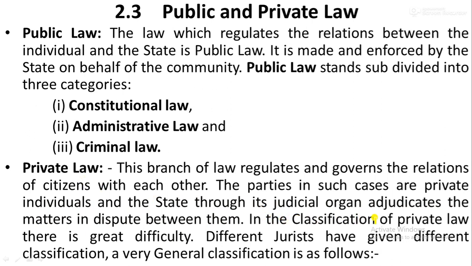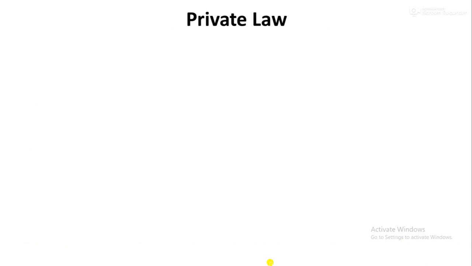In the classification of private law, there is a great difficulty. Different jurists have given different classifications, a very general classification of private law. Look at here. Law of the persons, that is related with the personal law.